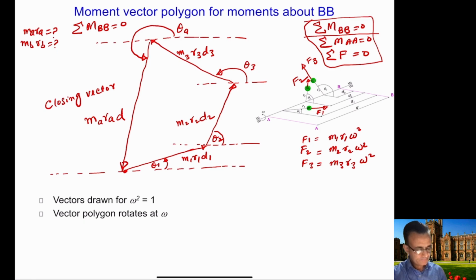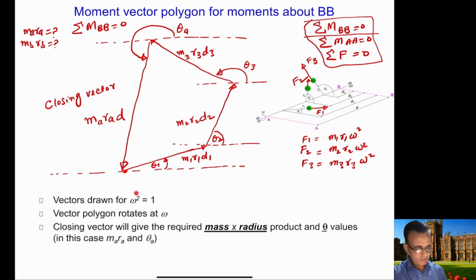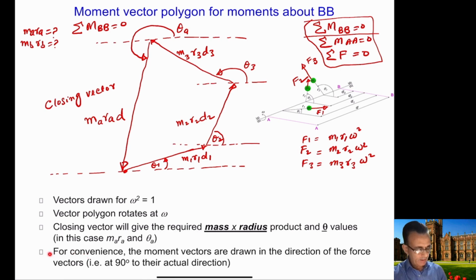So as you can see, we did everything for omega squared equal to 1, and because this vector polygon rotates at omega, the closing vector, which is this vector here, will give the required mass times radius, which is MARA in this case, and the theta value, which is this theta A. And again, this is an important point that you need to know: for convenience, the moment vectors are drawn in the direction of the force vectors, which is at 90 degrees to their actual direction.